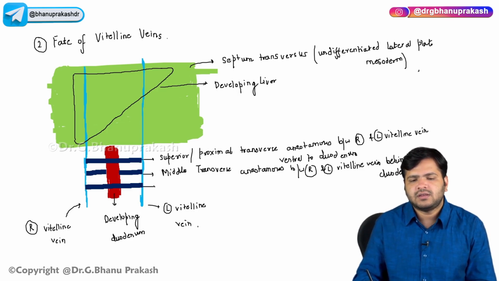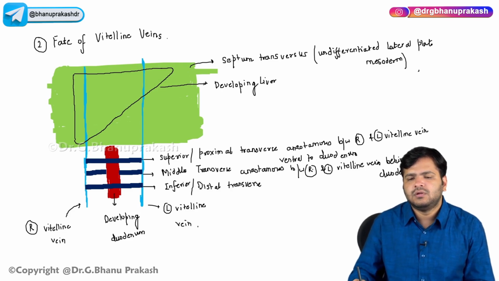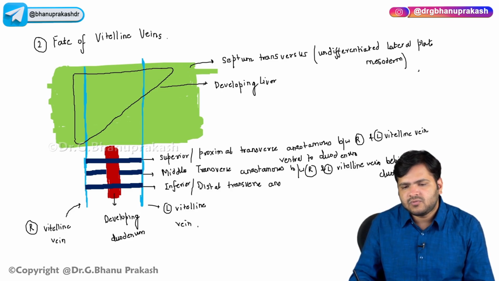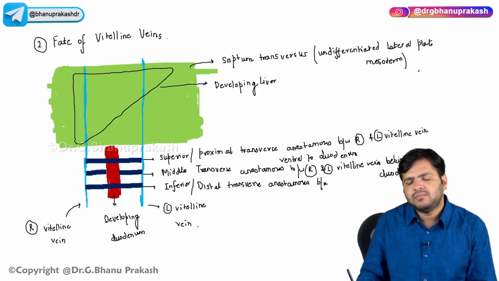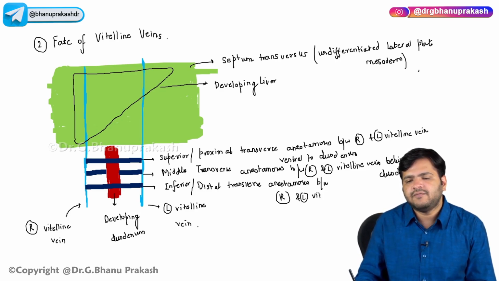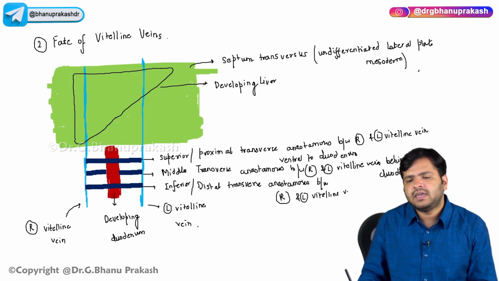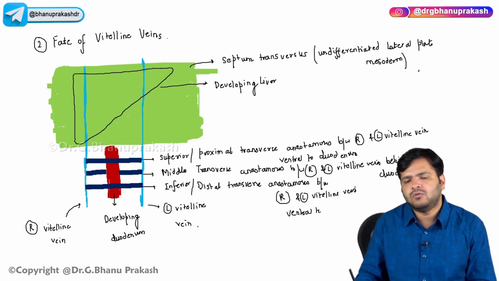And the third one is the inferior, or distal, transverse anastomosis between the right and left vitelline veins, again in front of the duodenum, ventral to the duodenum.